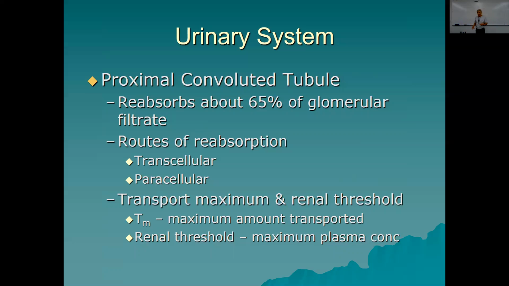But in an untreated diabetic, this glucose concentration gets so high, it gets above the renal threshold, above the T sub M. And now there's so much glucose that these automated systems cannot recover it all, and it ends up spilling into the rest of the nephron. And there aren't any more glucose transport proteins in the rest of the nephron, in the loop of Henle, the distal convoluted tubule, or the collecting duct. So if the glucose makes it past the PCT, it ends up in the urine.